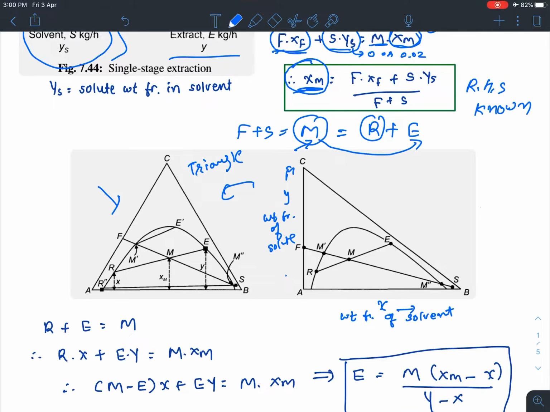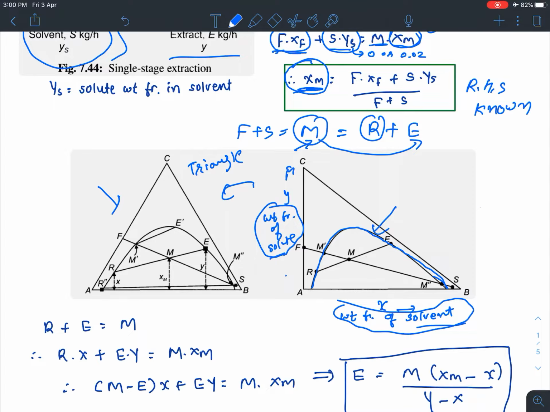Here we don't have any weight fraction of the diluent liquid. Our focus will be only on the weight fraction of solute in raffinate and extract, and the weight fraction of solvent in raffinate and extract. We take these two sets of data, and based on them we draw the binodal curve, as you can see. Later I'll explain that in the example, but basically this is what is happening.